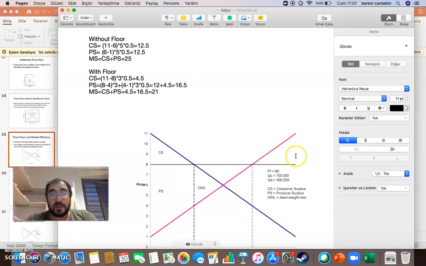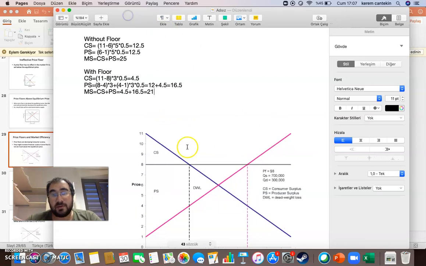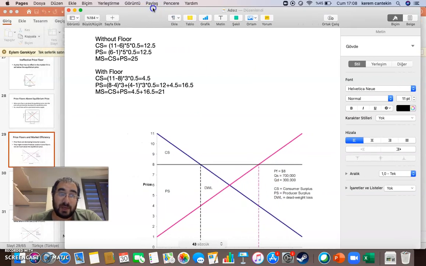Well, market surplus is always expected to be less because in case of a price floor, there is no specific gain or loss from the price fluctuation. Increase in price will benefit the producers, harm the consumers, and vice versa. But in case of market surplus, there is certainly a loss, and that loss is created by the decrease in the quantity that is sold in the market.